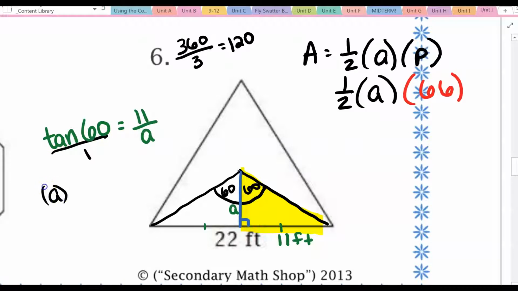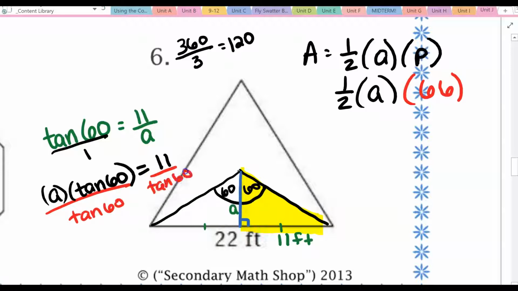The apothem times tangent of 60 equals the other cross product of 11 times 1, which is 11. We divide by tangent of 60. And then 11 divided by tangent of 60 gives us that the apothem is approximately 6.4.